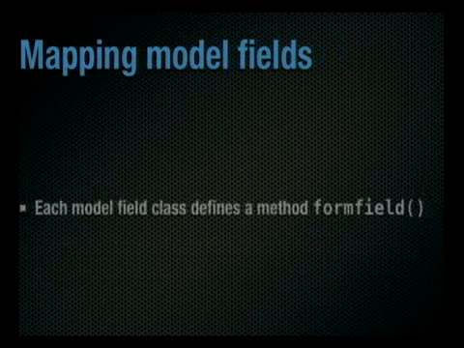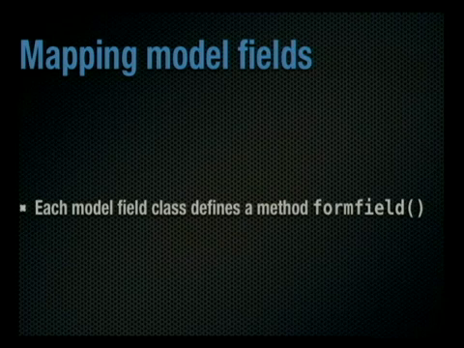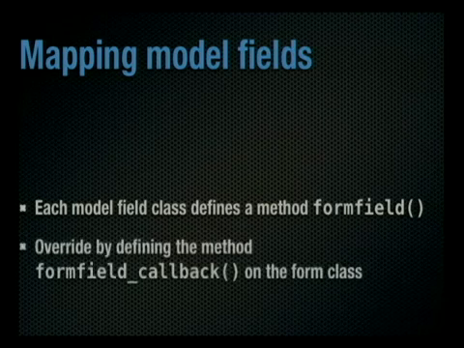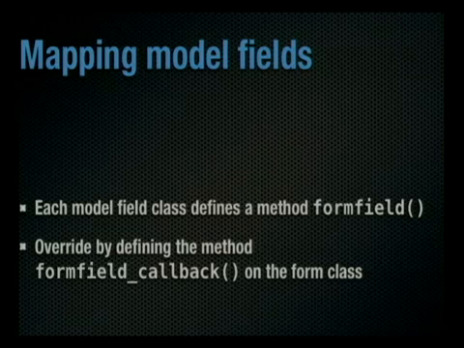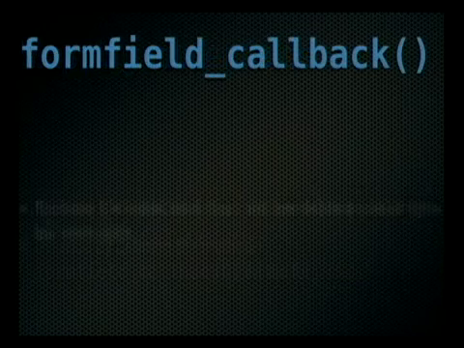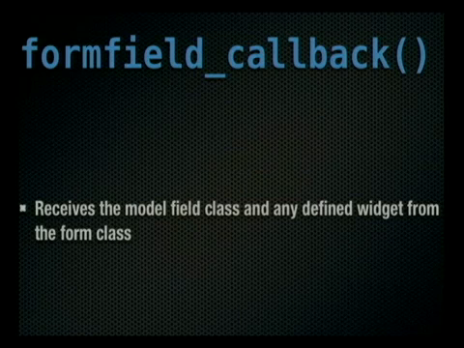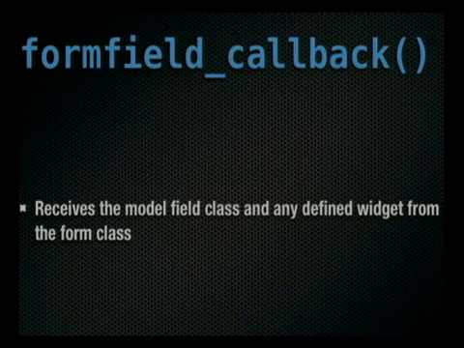The way we actually map the fields is we go look up each model field. Remember, each one of those has a method called formfield. You can override that on your model form by defining a method called formfield_callback. Basically it's called for every field in the model that is going to end up on the form. It gets passed the model field class and any widget from the form class that was already set up.